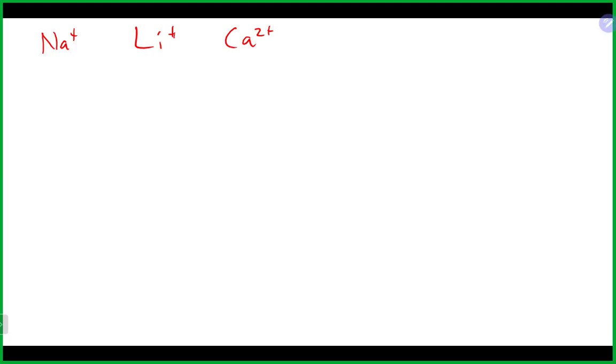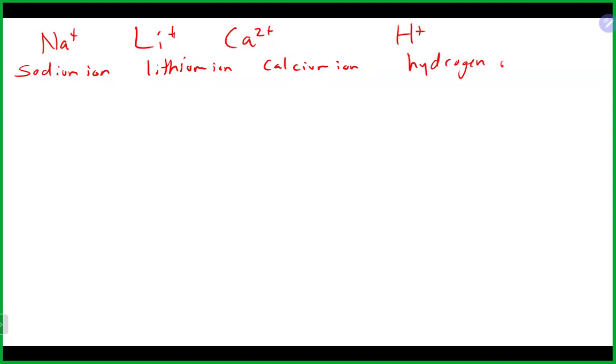So this would be known as the sodium ion. This would be known as the lithium ion. And that would be known as the calcium ion. So if you have to name just a positive cation by itself, you basically just use the whole name. If you had H plus, it would be the hydrogen ion.